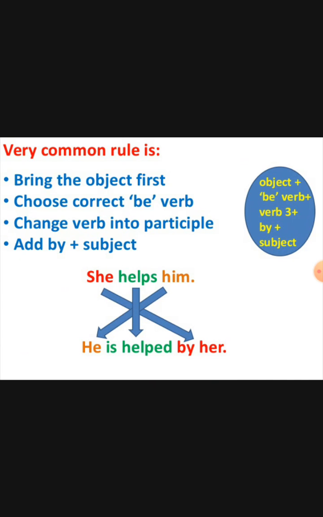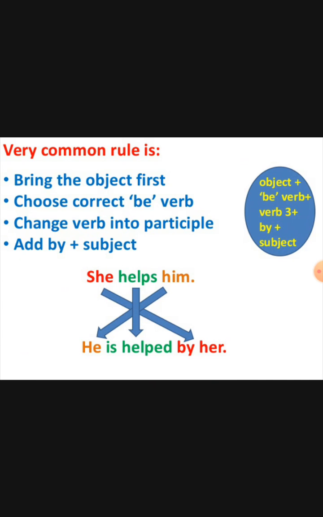First of all, bring the object first. Means whatever the object is there in the active sentence, like as I told you earlier, change the positions of subject and object. Now choose the correct be verb. Means according to the sentence or according to the tense, we have to change the be verb form.